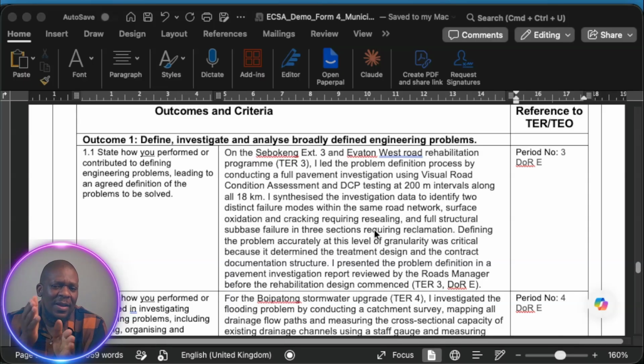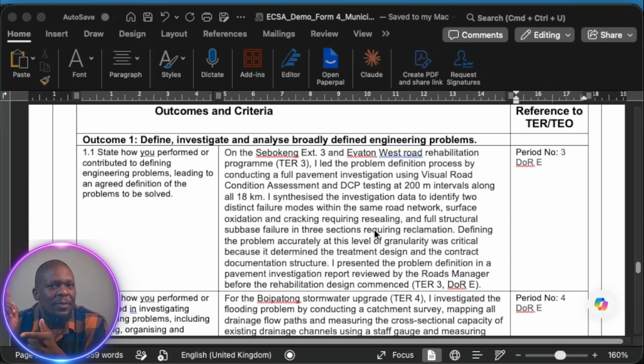Remember, when you are investigating, you collect so much data. And in the process of collecting data, what do you do? You investigate or analyze that information to be able to then say what will be the solution. I synthesized the investigation data to identify the failure modes within the same road.